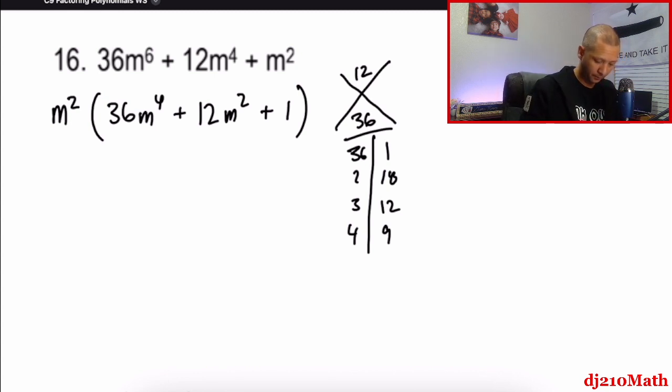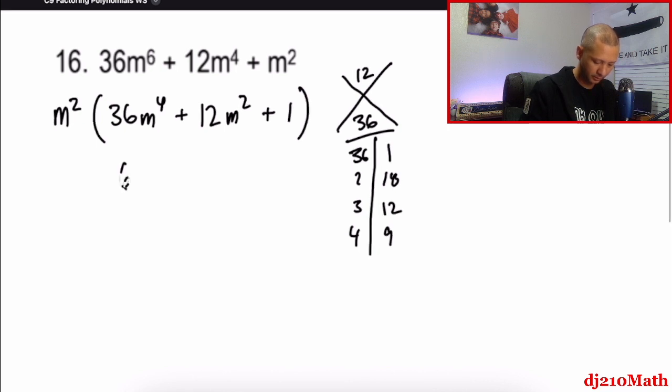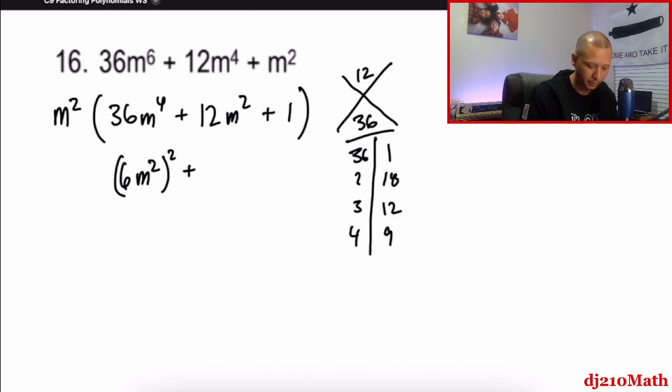So 6m squared, squared, plus... can't square anything to make 12. 1 squared.